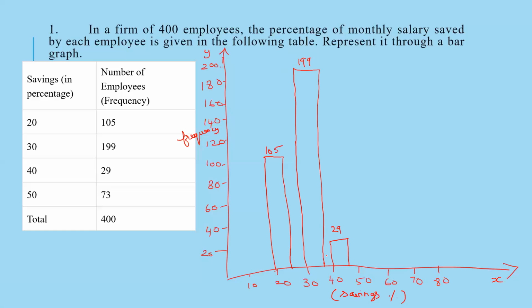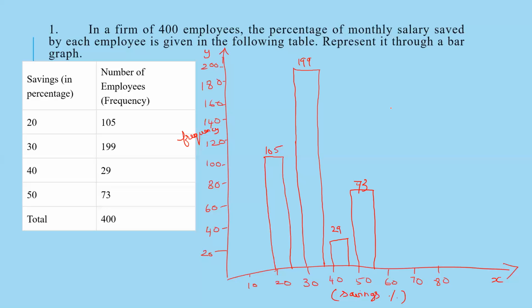And the last value is 50 on the x-axis and 73, right? A little above 60, 73 on the y-axis. So that's it. This is the solution for question number 1.